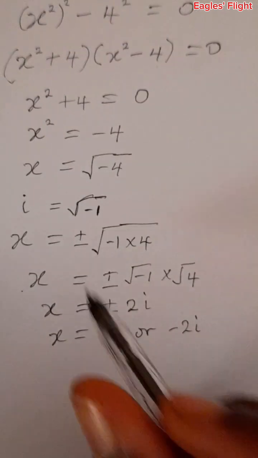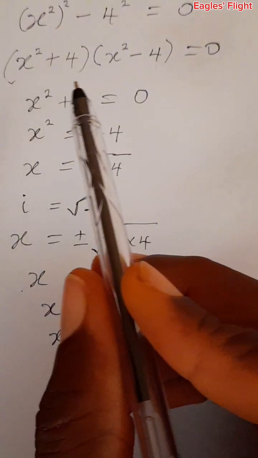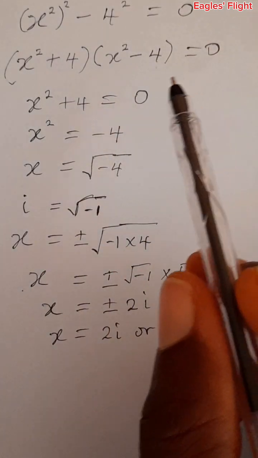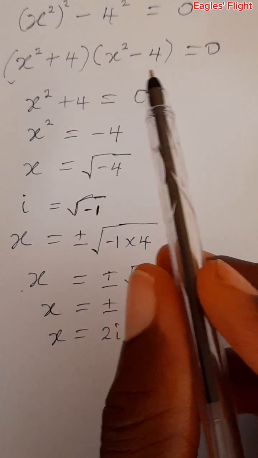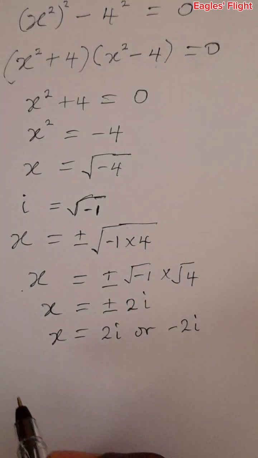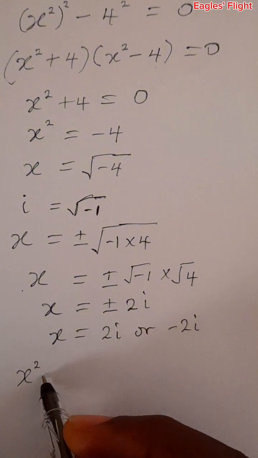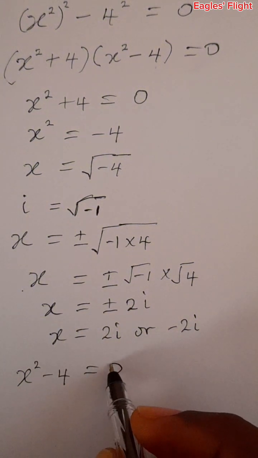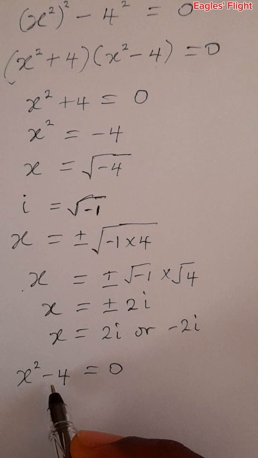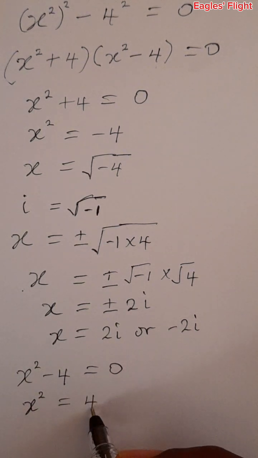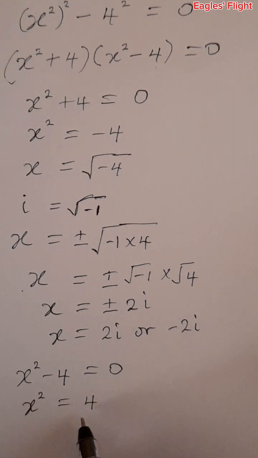Since this was a product, and we've already dealt with x squared plus 4 being equal to 0, we can say x squared minus 4 equals 0. Taking minus 4 to the other side, we have x squared equals 4. Finding the square root of both sides, we have x equals the square root of 4.